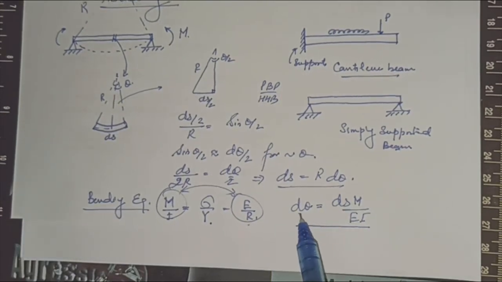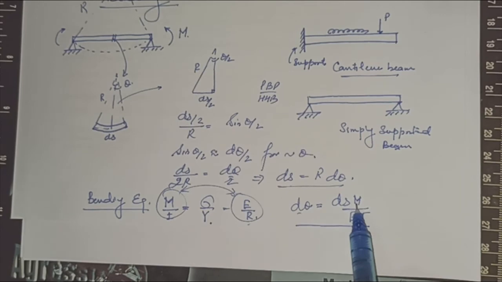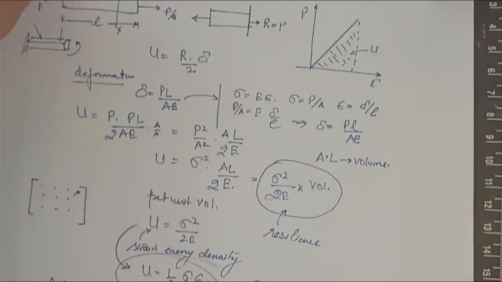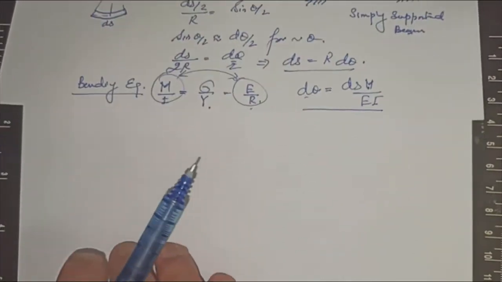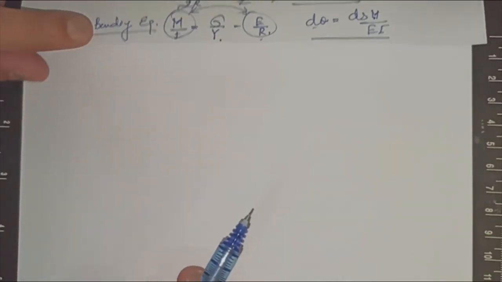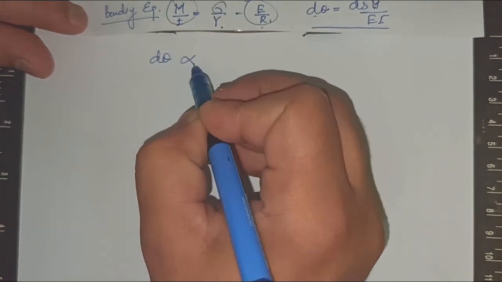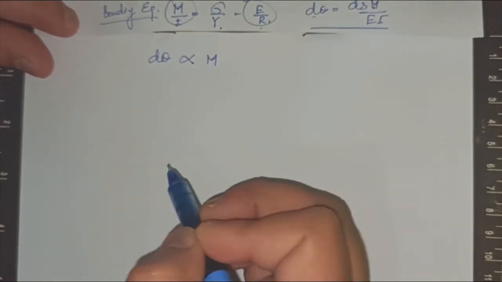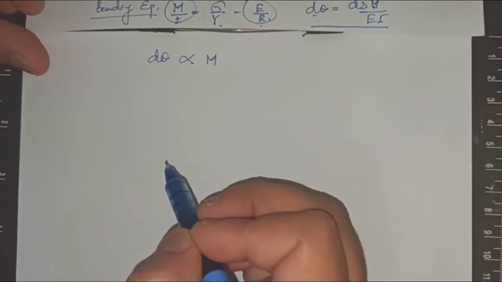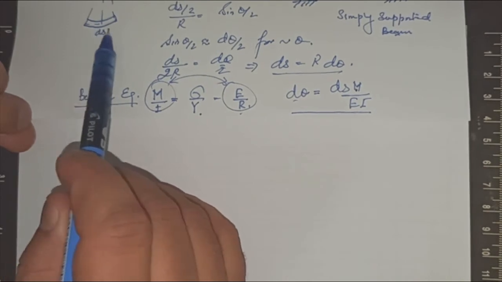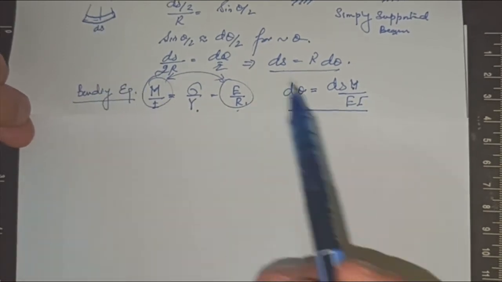So my d theta is directly proportional to M. Let me show you here. My d theta is directly proportional to M, isn't it? ds is a very small, almost nothing length.